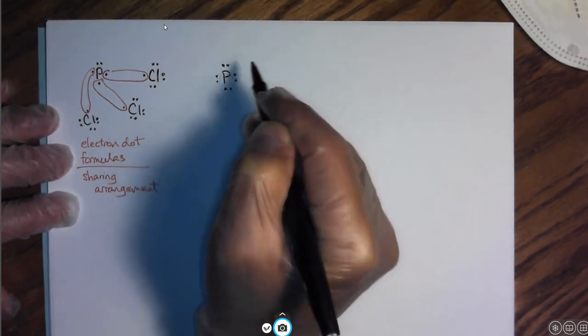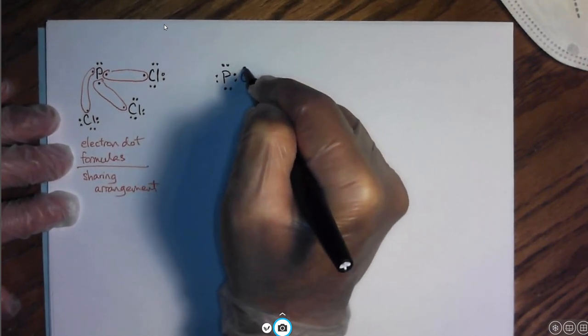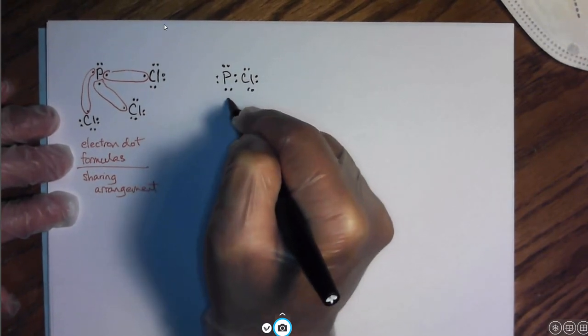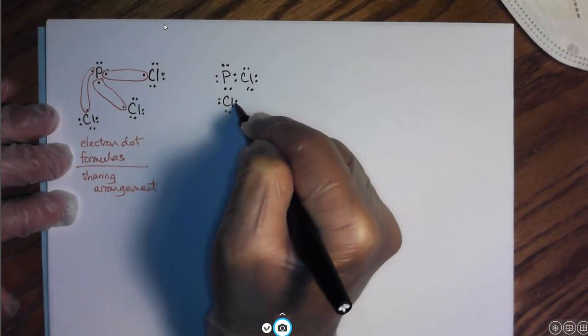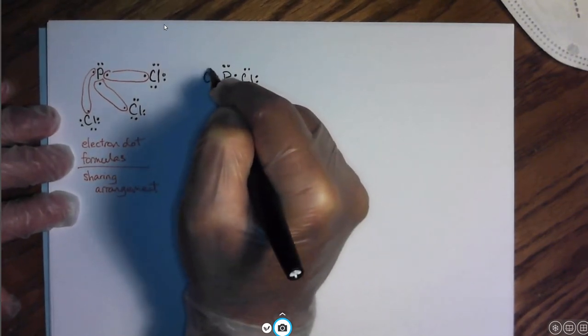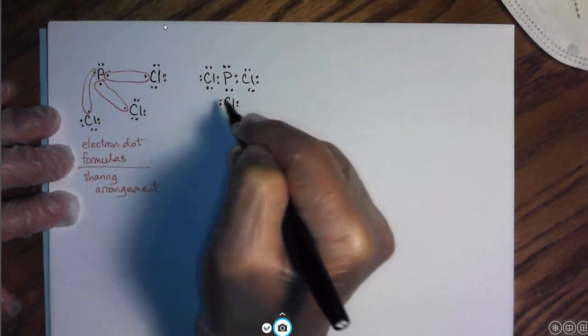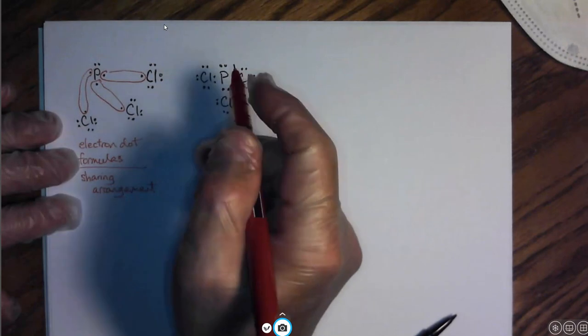You squeeze the electrons in between the element symbols. And that's the Lewis dot formula.